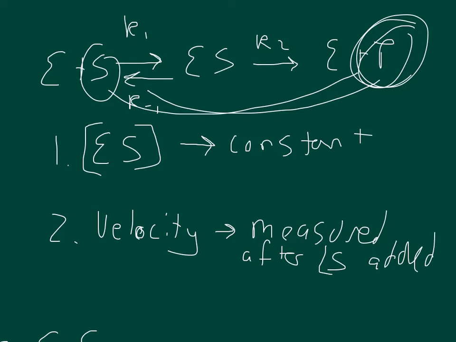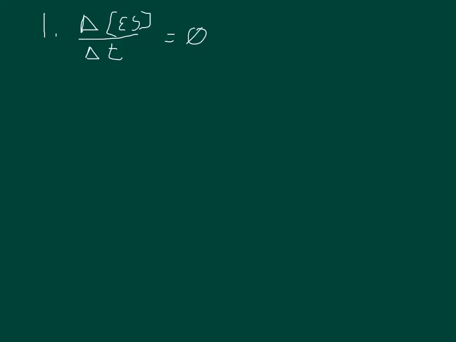So the first thing we can do is make a mathematical measurement off of assumption 1, and that is that the change of the enzyme substrate complex over the change of time equals 0. Because it's constant, there is no change. So we have the equation, d[ES]/dt = 0.